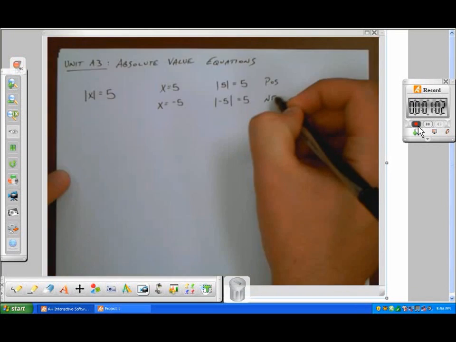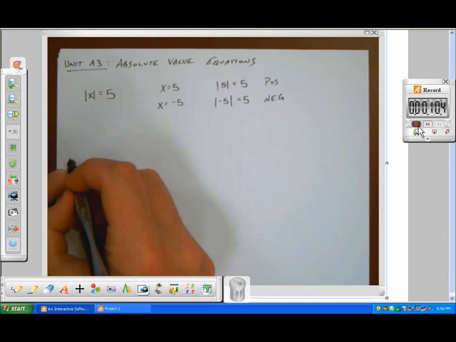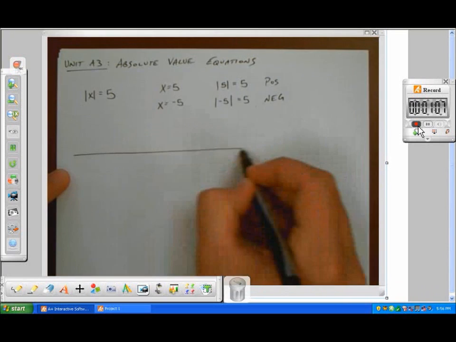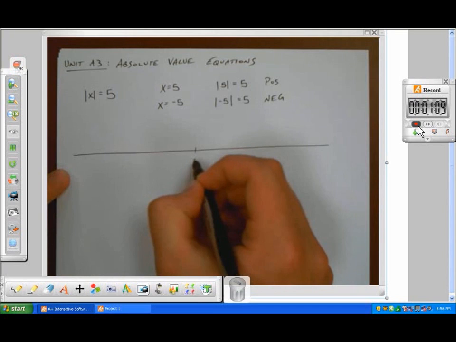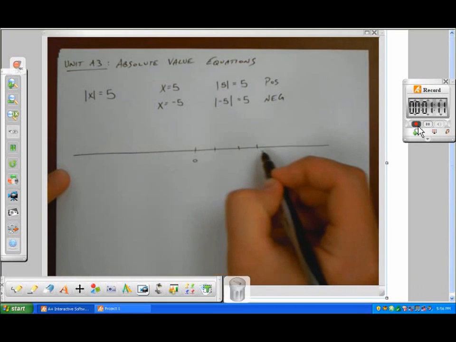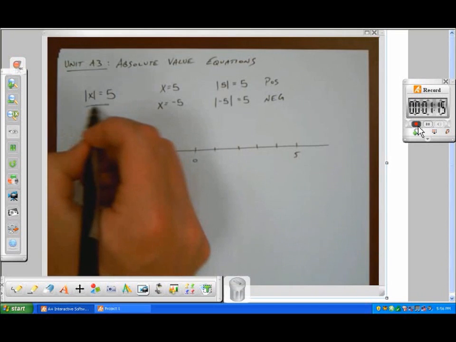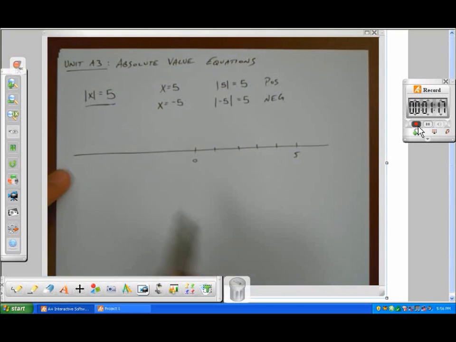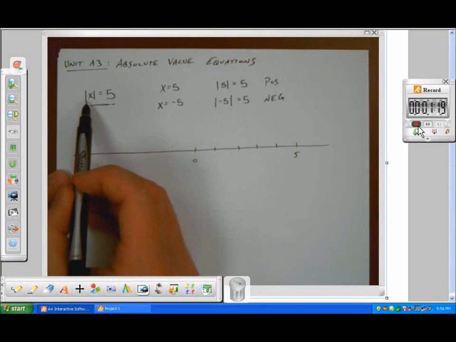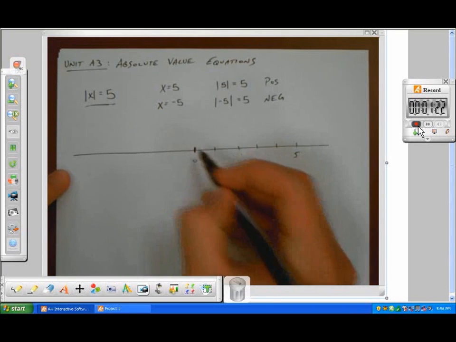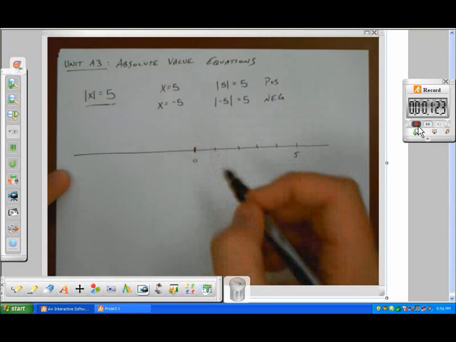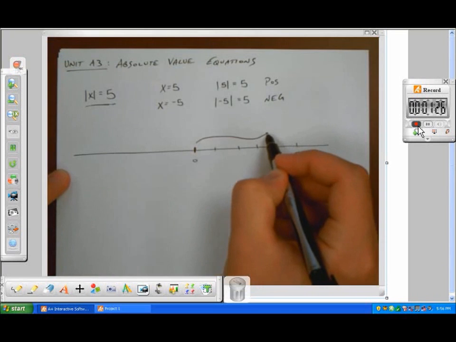Well, it comes back to a number line, and we're going to do a lot of work with number lines. Here's 0, 1, 2, 3, 4. What this actually means with a number line is absolute value means a distance. From the point 0, where are you a distance 5 away? If I count up to 5, I'm here.